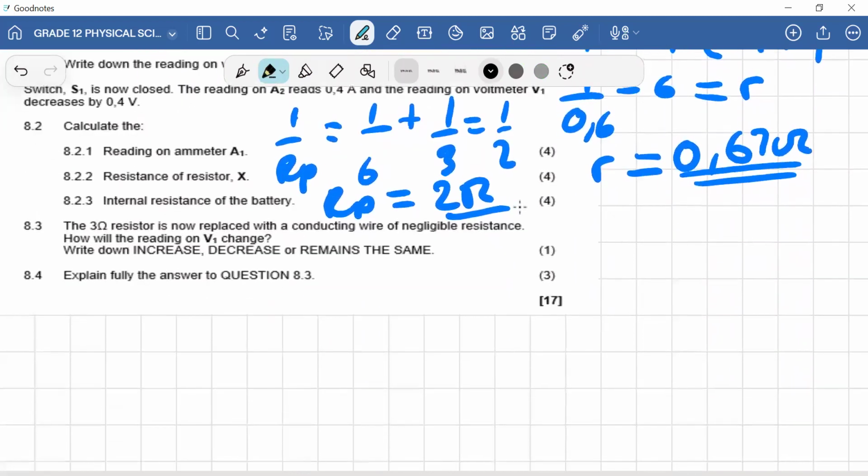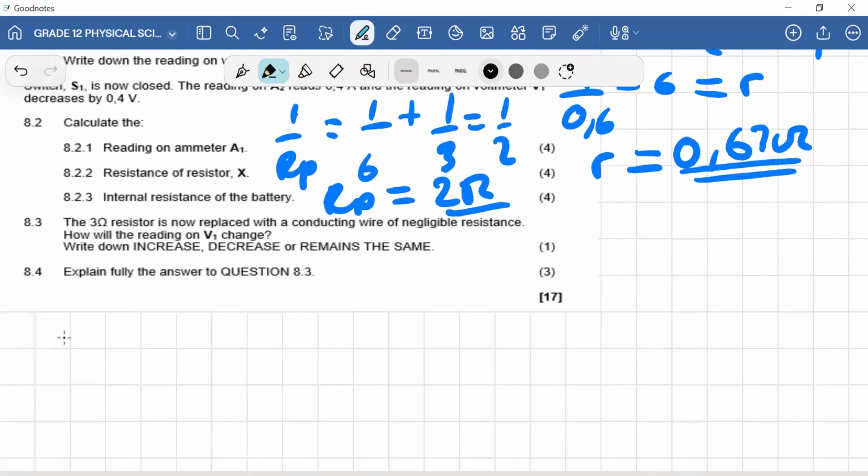So one thing that I want you to know is that whenever the external resistance decreases, the total current will increase, because current and resistance are inversely proportional.